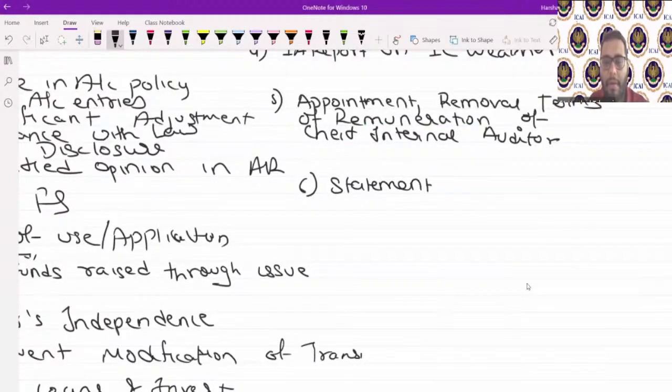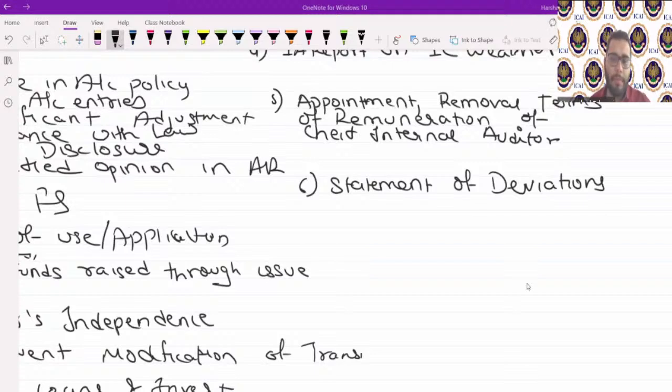Statement of deviations. Now, which deviations are we talking about? Quarterly statement of deviations and annual statement of deviations. The quarterly statement relates to the utilization of funds for the purpose they were raised, and the annual statement likewise.